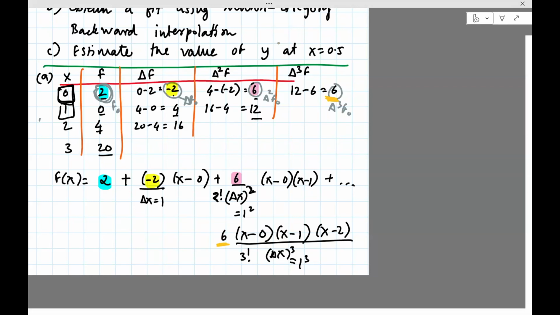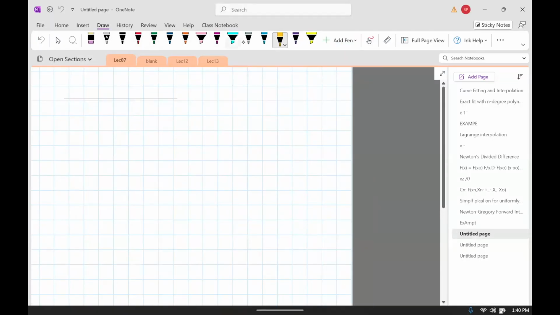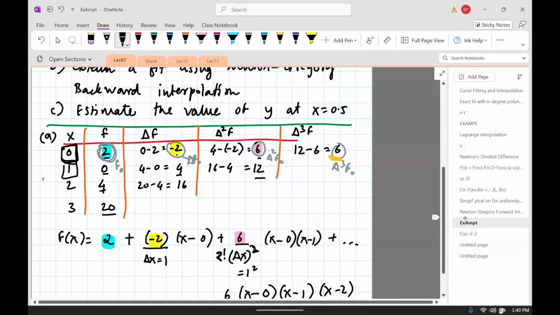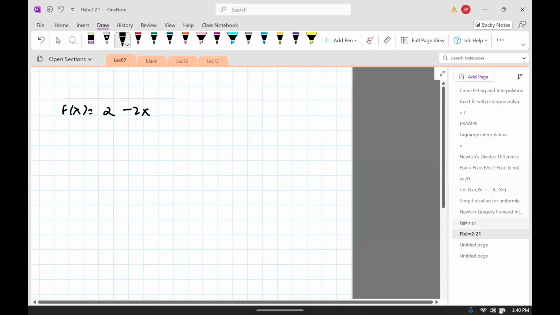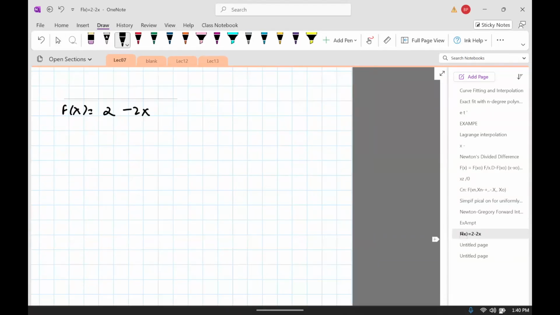So now let me simplify this. We still need to simplify this and write the formula in terms of x squared and x cube and so on. If you simplify this, you get f of x equals 2 minus 2, see 2 minus 2x. Then we have 6 divided by 2 is 3, so 3 times x, x minus 1.